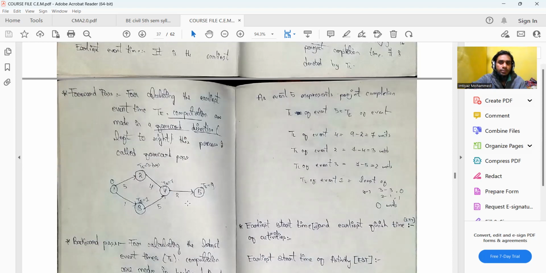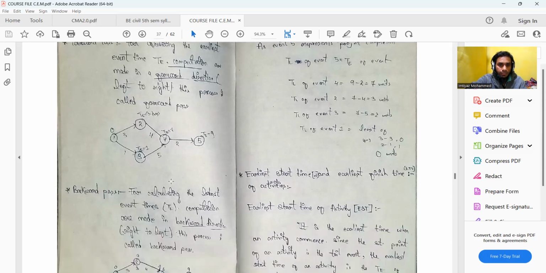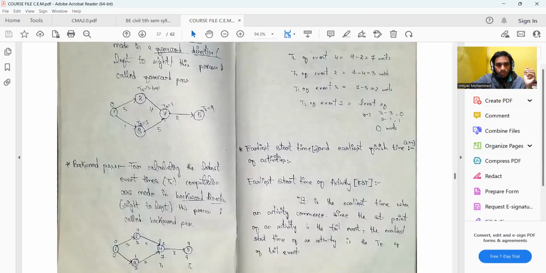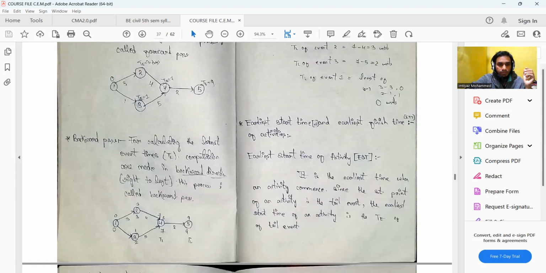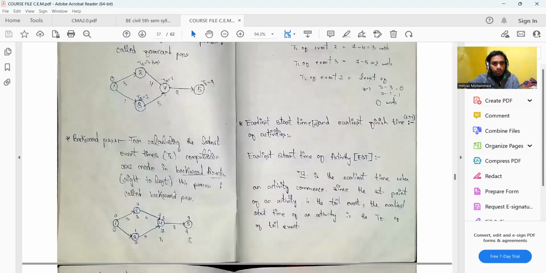The formula is TEj equal to TEi plus Tij. You will come across the formulas in a short period of time. So we use the forward pass to calculate the earliest event times, moving in the forward direction, that is from left to right.